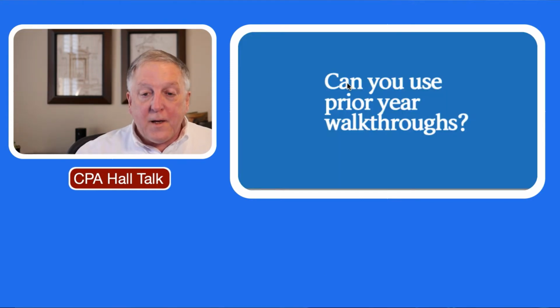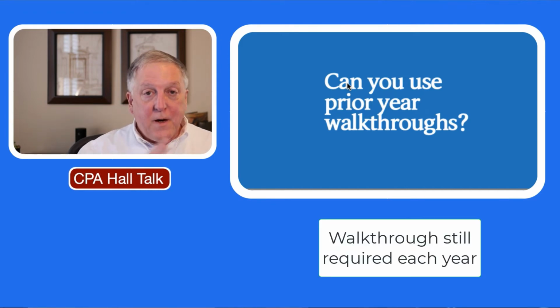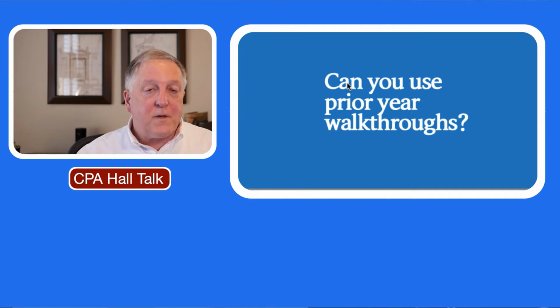One question I get from time to time is, can you use the prior year walkthroughs? And the answer is yes, you can. Now, as we were just saying, you still have to do the walkthrough in the current year, but you can leverage that work from the prior year. So you don't want to do a walkthrough from scratch each year.